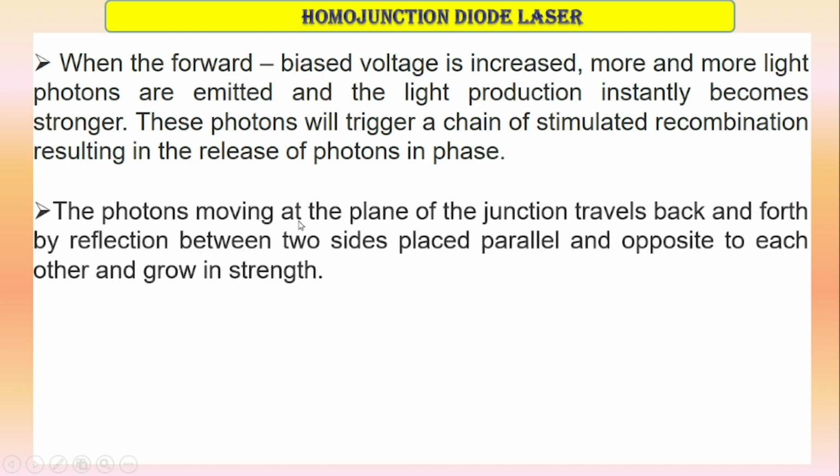These photons moving in the plane of the junction travel back and forth by reflection between two sides placed parallel and opposite to each other and grow in strength.